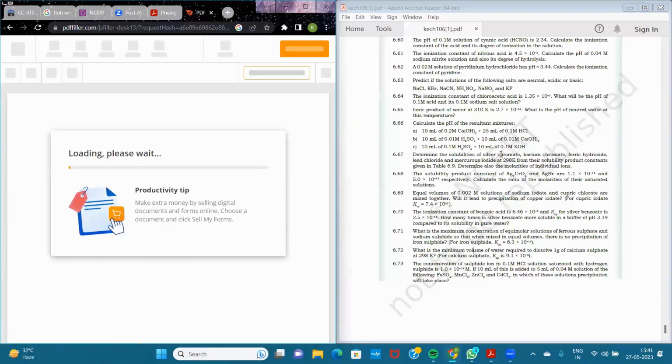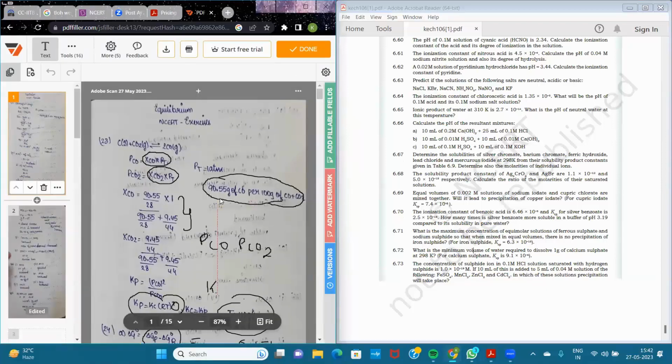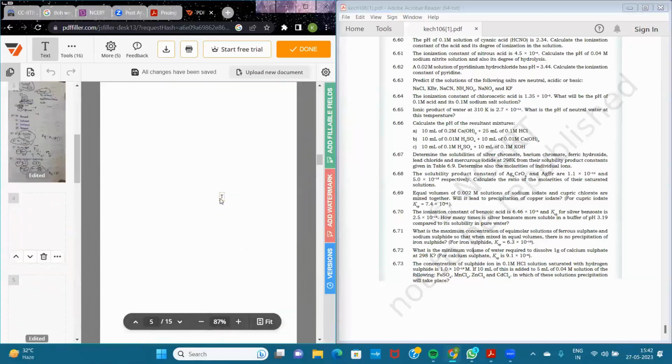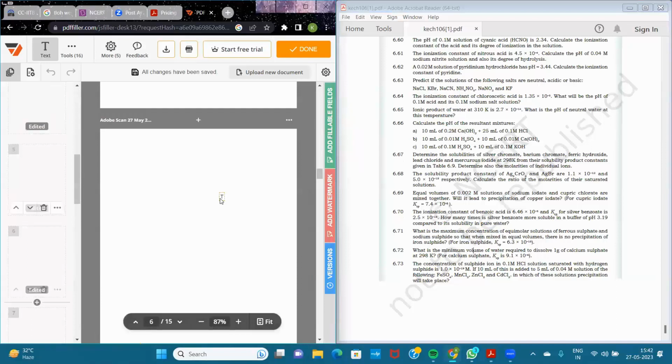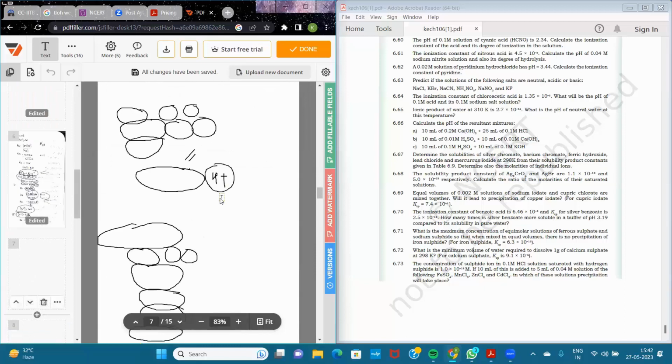Hydrolysis, you need to consider if a salt is produced from either a weak acid or a weak base. You need to consider the hydrolysis of the salt. Because they are weak, the degree of hydrolysis can be neglected in the expressions.